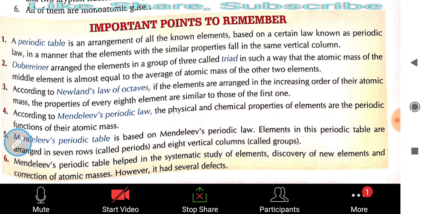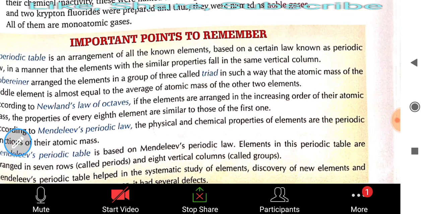This table is arranged in 7 rows called periods and 8 vertical columns called groups. Mendeleev's periodic table helped in the systematic study of elements, discovery of new elements, and correction of atomic masses. However, it has several defects, as we already discussed in earlier classes.